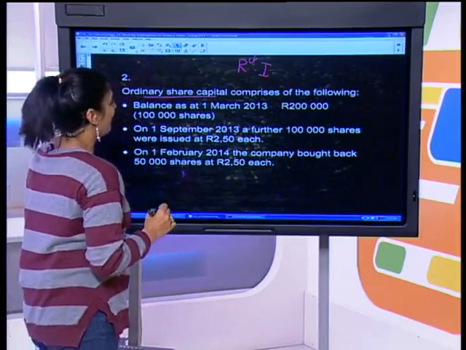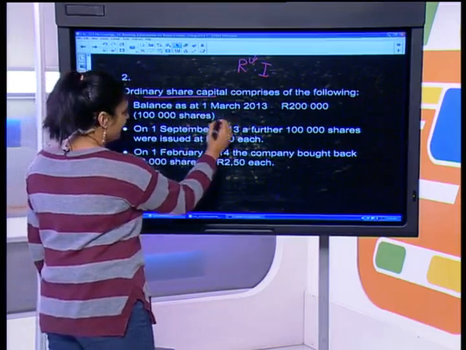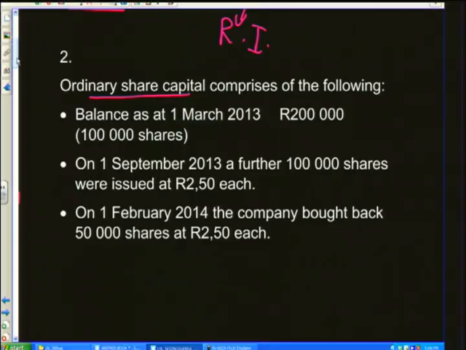Thanks, Tara. Ordinary share capital comprises of the following. Balance as at 1st of March. So let's get our pen back now. There we go. So my balance as at 1st of March 2013, in other words, my balance at the beginning of the year, is an amount of 200,000.